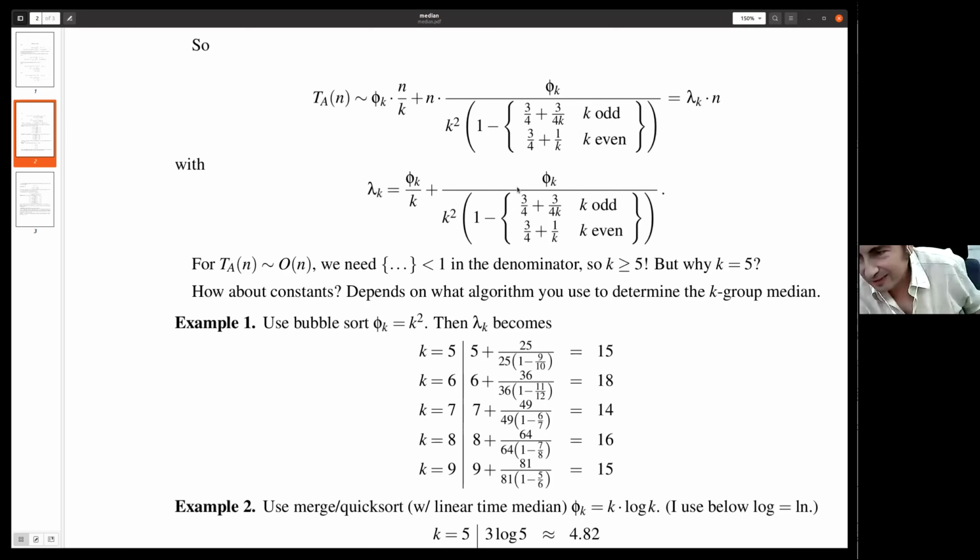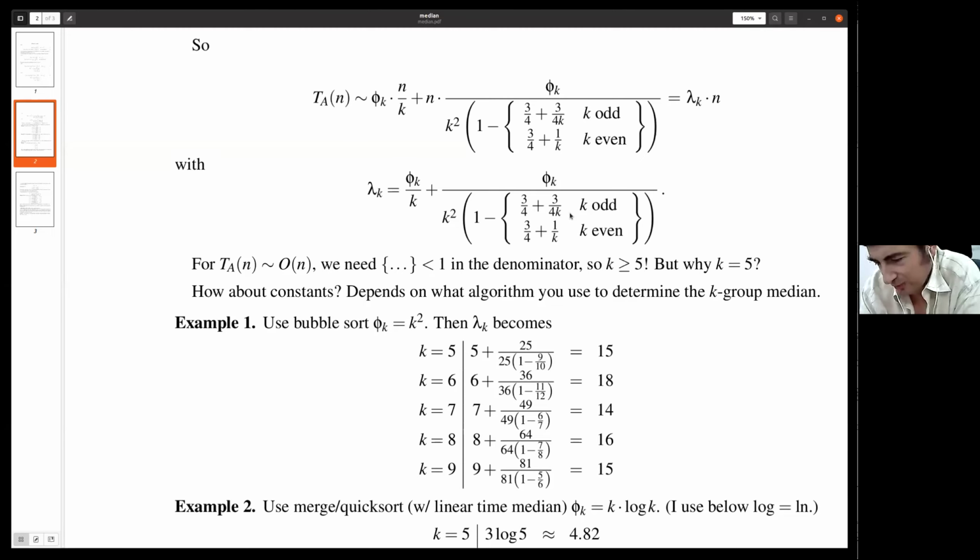So what does this say? To make this clear, the algorithm will still work and will terminate. You can do this for k equal to 3, so for 3 groups and 4 groups as well. The algorithm will terminate. But you do not have a provable linear worst case complexity for this algorithm.